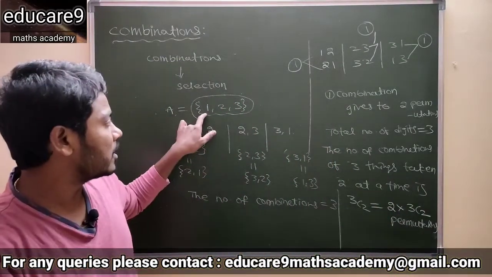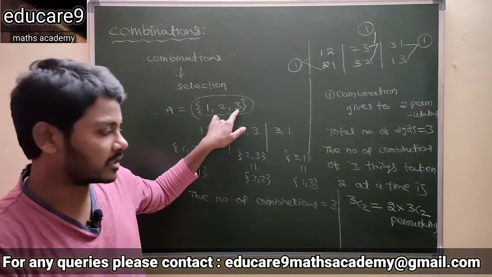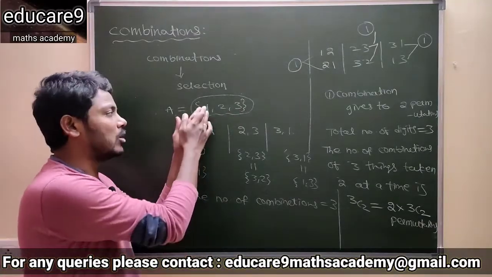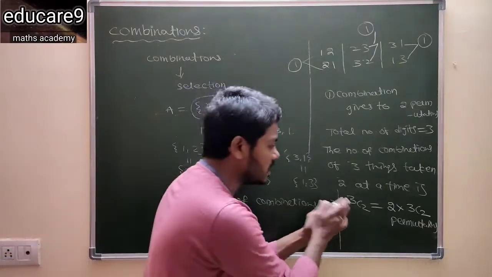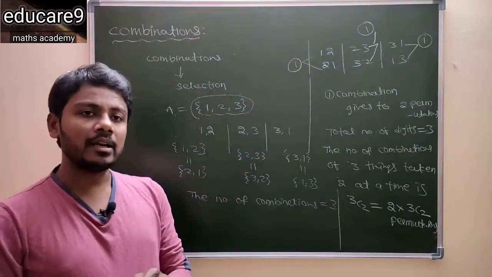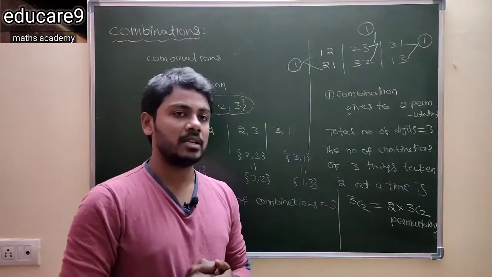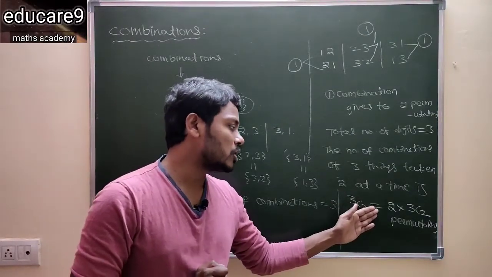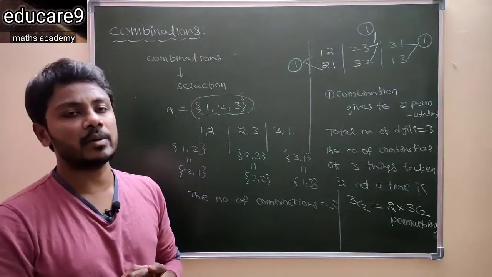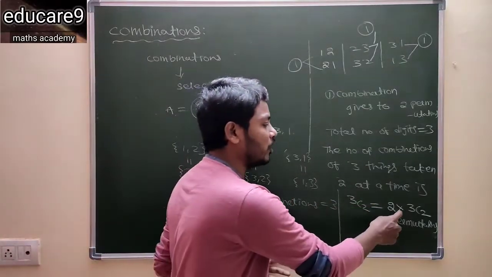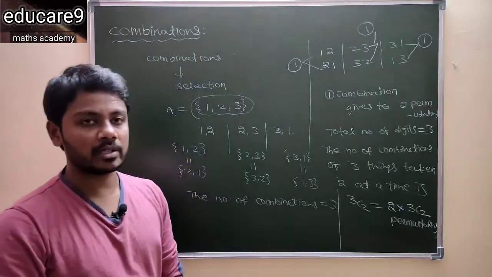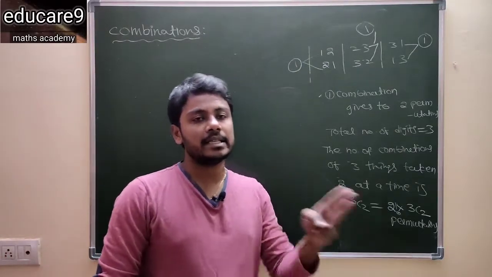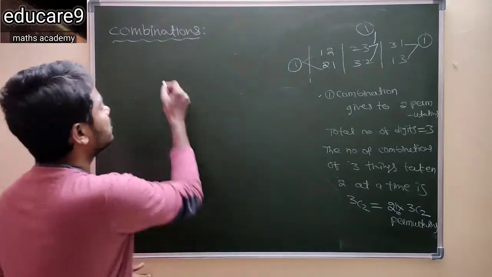See here, the number of digits is 3. We have to select 2 digits out of 3. That is 3C2. You know that the number of combinations is 3, which equals a total of 6 permutations. Simply that is 2 into 3C2 permutations. You know that the number of permutations of 3 dissimilar things taken 2 at a time is 3P2.